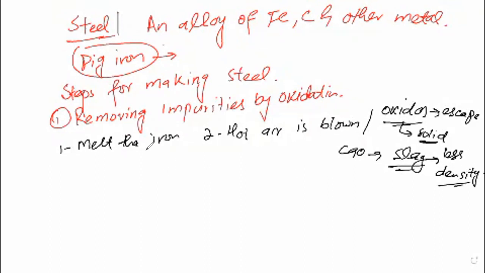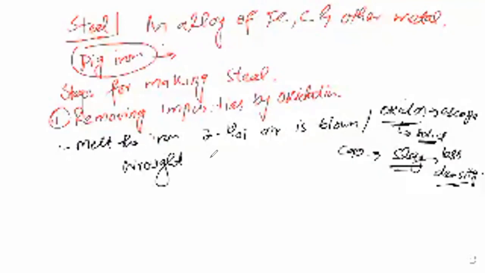The iron which you get in the pure form by blowing air through the hot molten iron is called wrought iron.